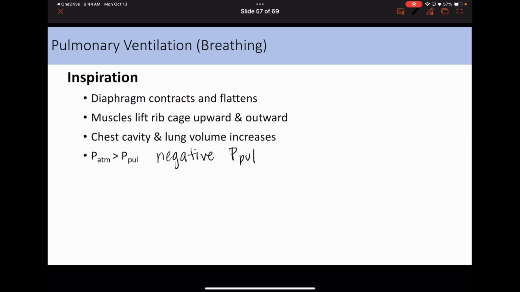So this moving of the diaphragm and lifting of the rib cage makes more volume and less pressure, causing a negative intrapulmonary pressure. So now the intrapulmonary pressure is less than atmospheric pressure, which causes the air to rush in.